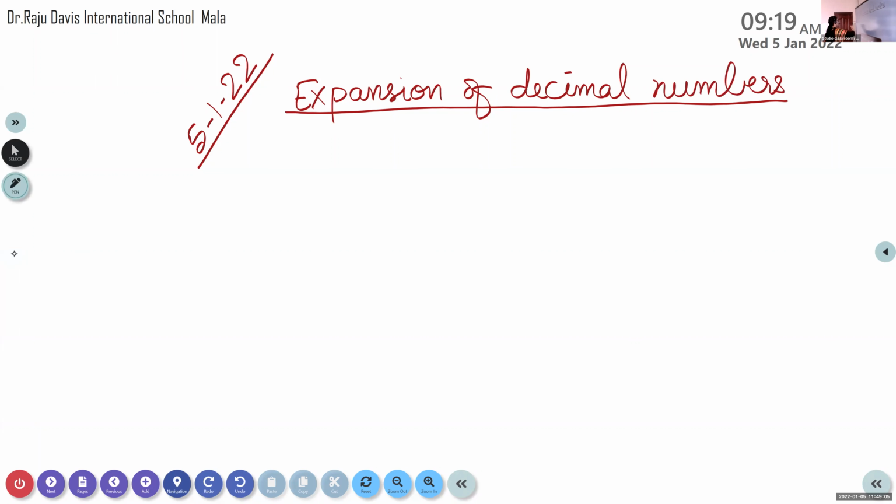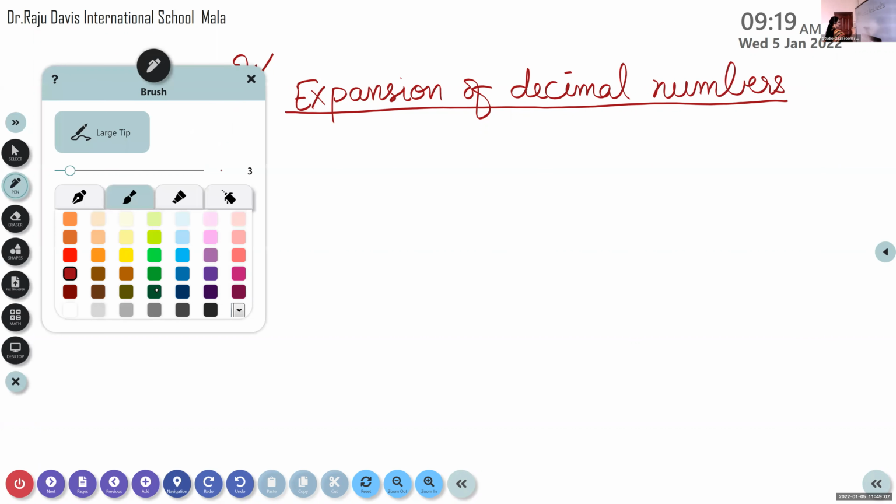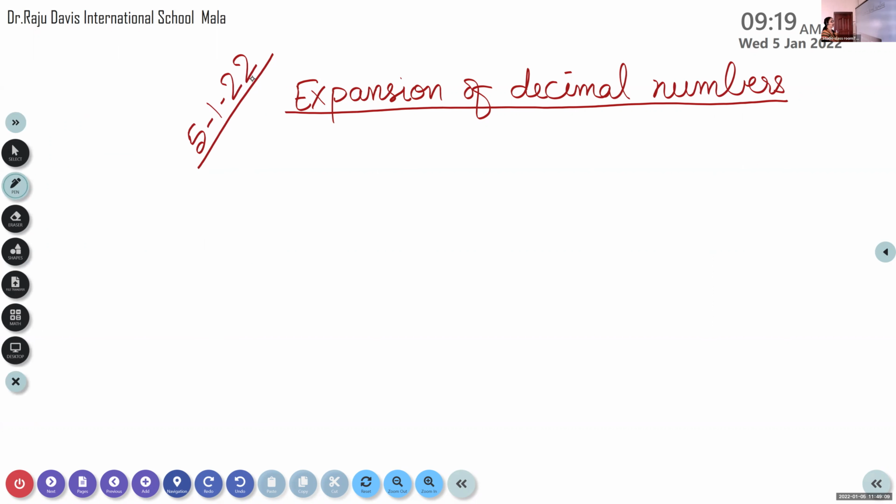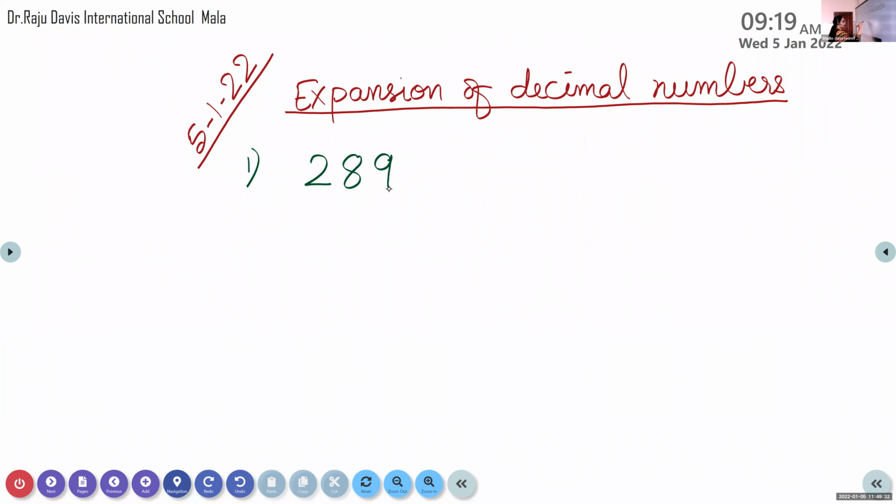Expansion of decimal numbers is the heading. First example. First question is 289.451.